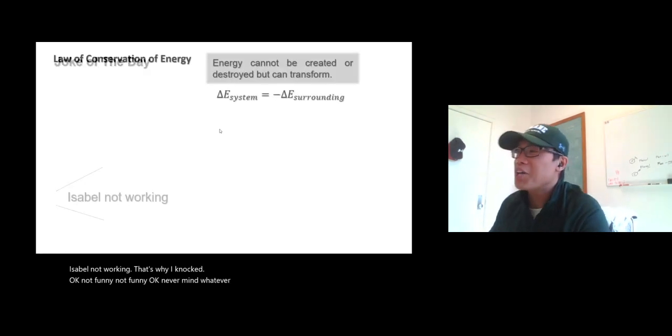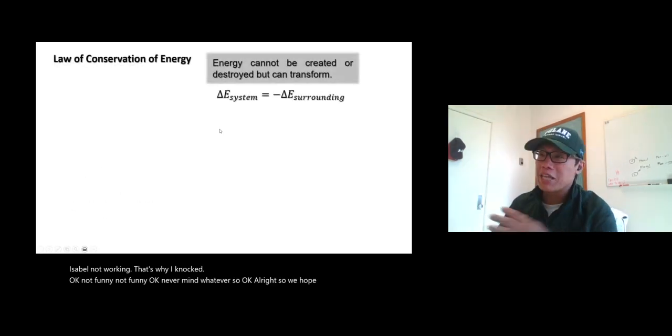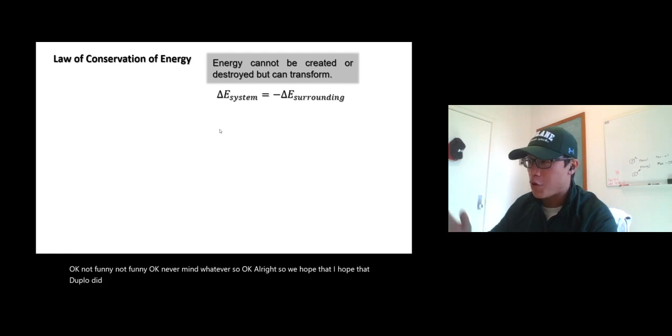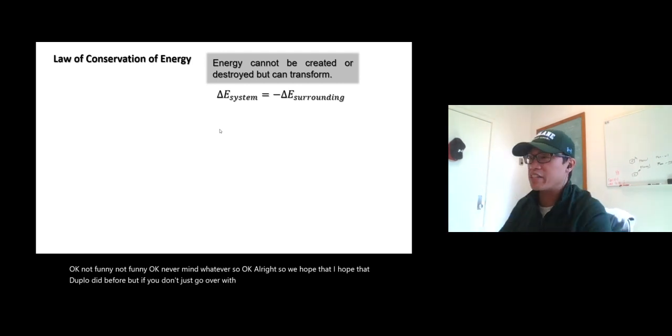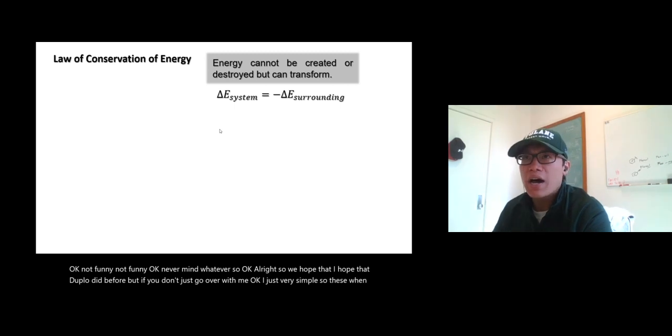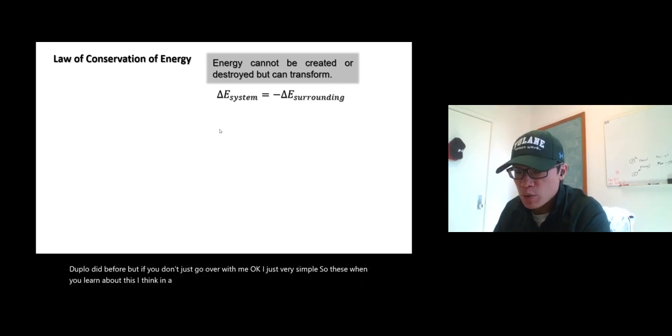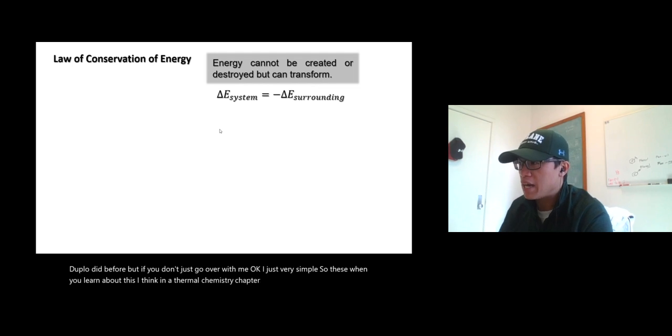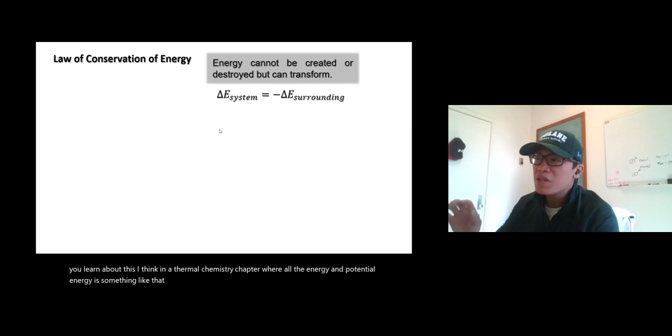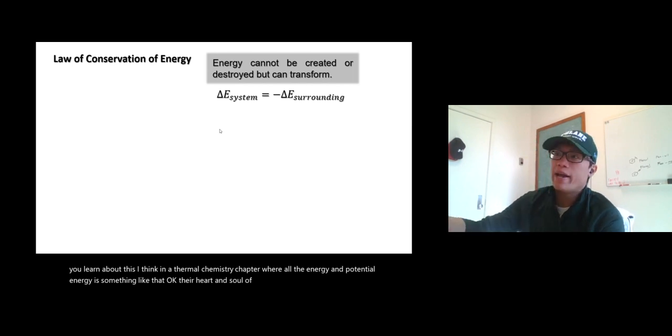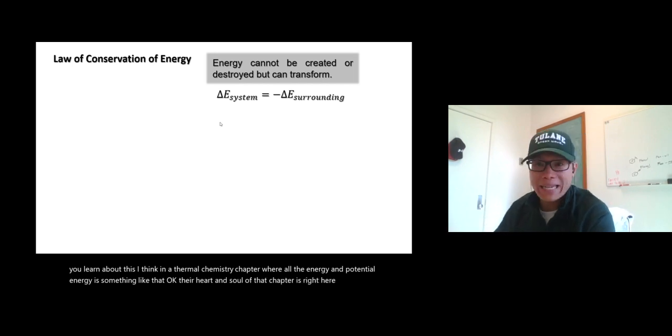So I hope that you've learned this before, but if you don't, just go over with me. Very simple. When you learn about this in the thermochemistry chapter, all the energy and potential energy, the heart and soul of that chapter is right here, the law of conservation of energy.